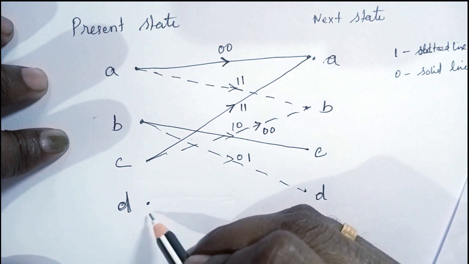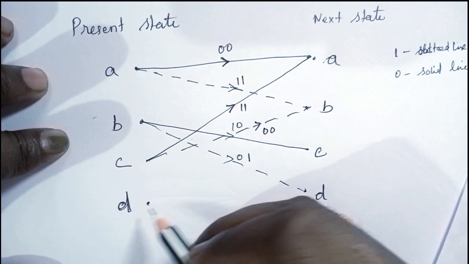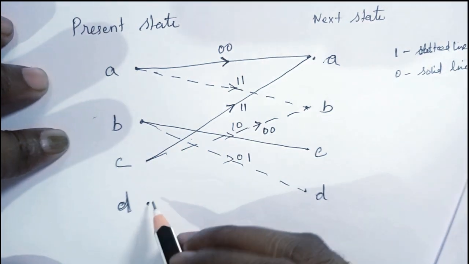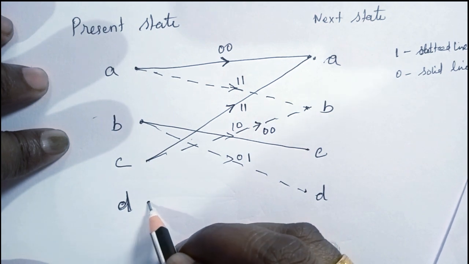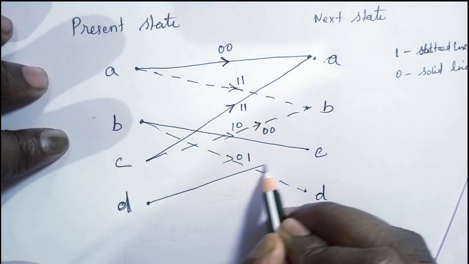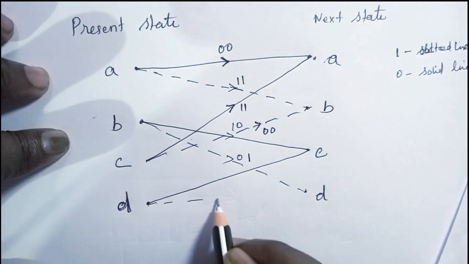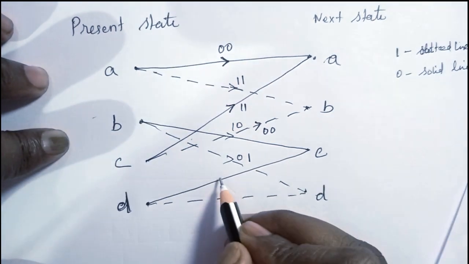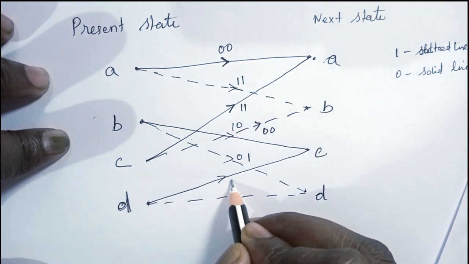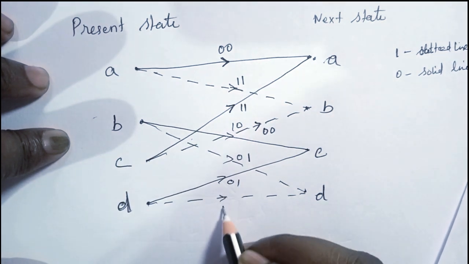Similarly, we need to draw for D also. From the table, from state D, if the input is 0, it goes to C, and if it is 1, it goes to state D. The output here is 0 1 and 1 0.